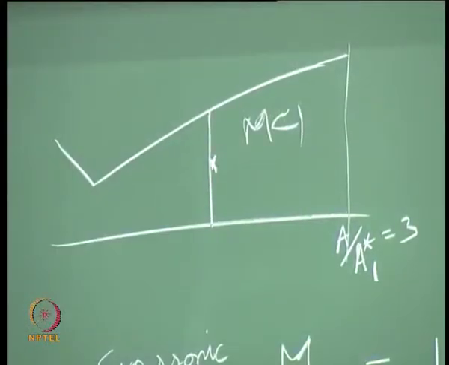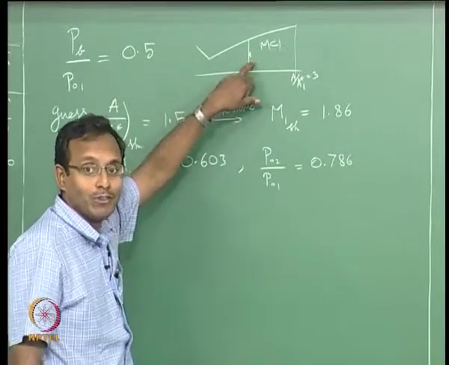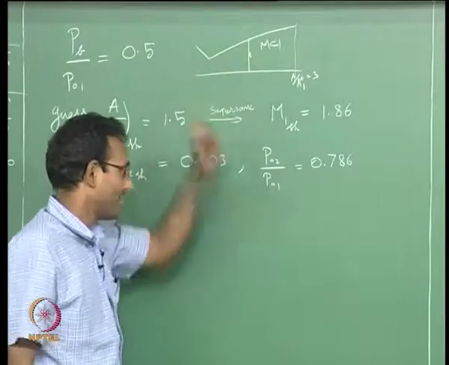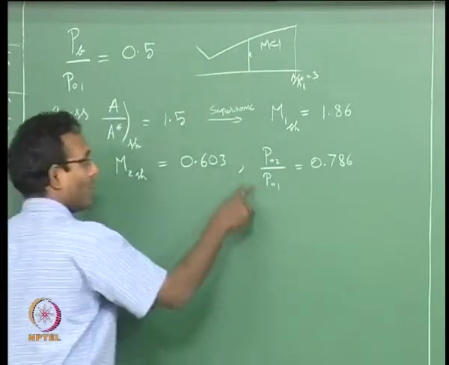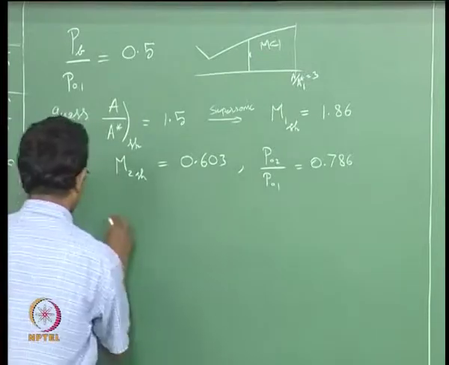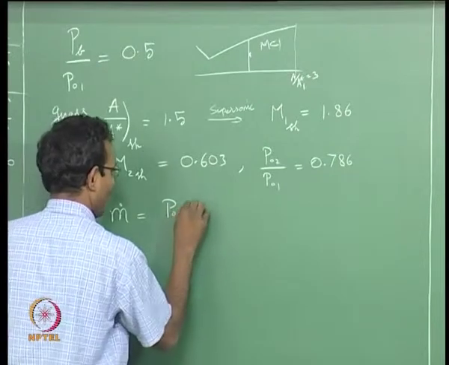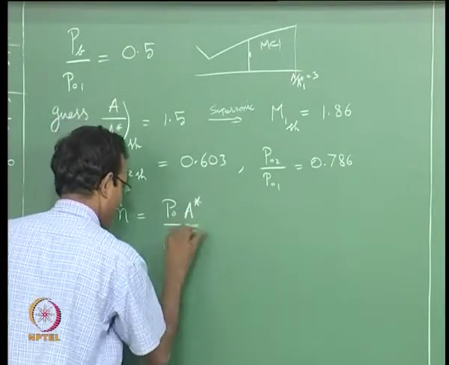Why? Since my P naught dropped, my A star would have increased. Okay? That is where you have to think again. I know my P naught has dropped to roughly 78% of the previous value, which means for the same mass flow rate to go through, I know my function looks something like this.